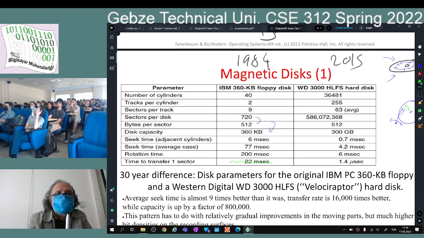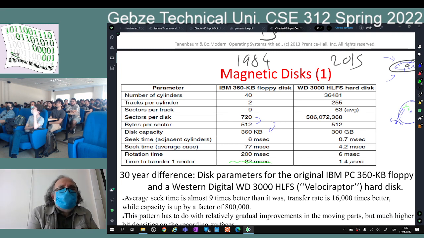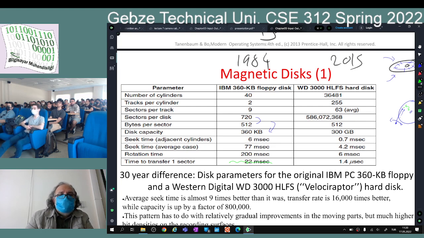I give you the full rotation time, and I give you the sectors per track. So what are you going to do? You are going to divide 200 by 9, right? If you divide 200 by 9, that will give you the time to read a sector. Time to transfer one sector is 22 milliseconds.